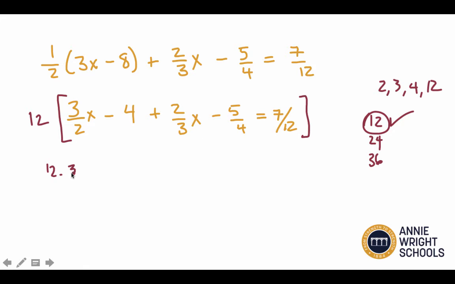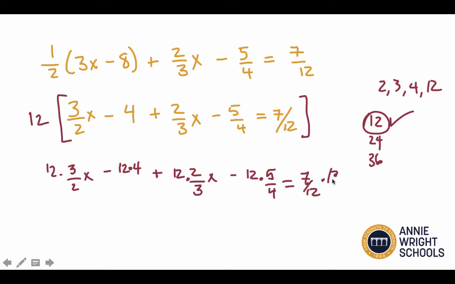So we start this problem after distributing by multiplying everything by 12. And once we multiply everything by 12, we want to then collect like terms. So I'm just multiplying everything by 12 right now, and then I'm going to simplify all of this, 7/12 times 12. Alright, so coming in here with a different color.